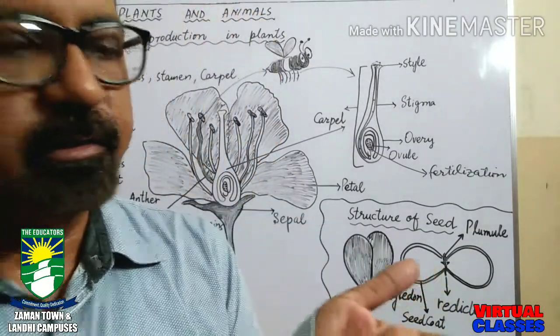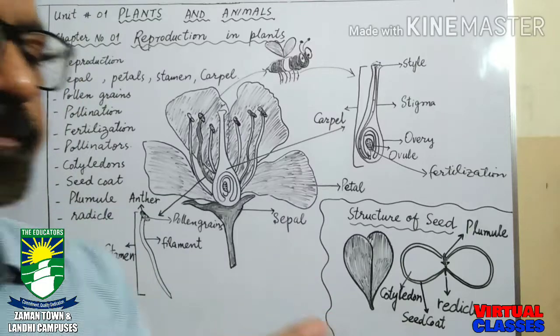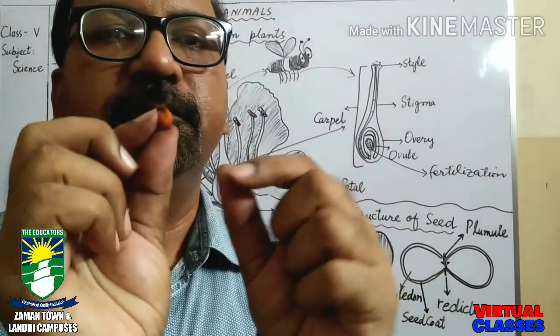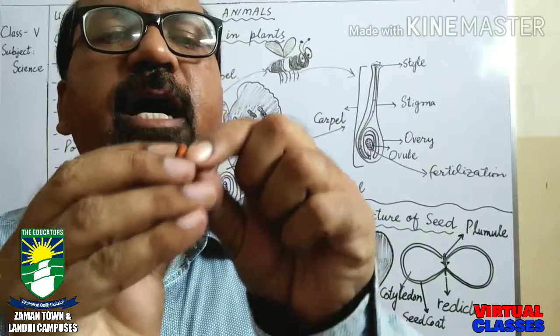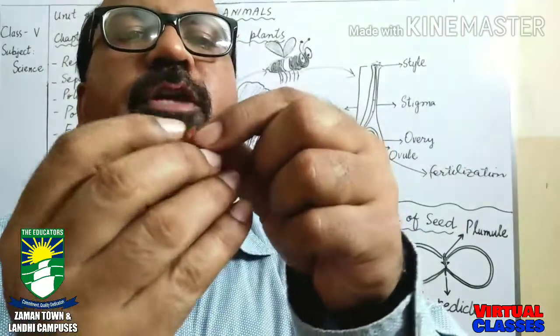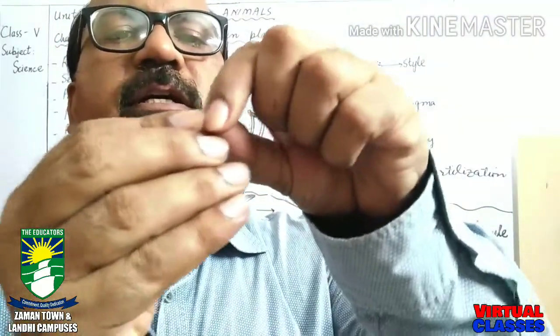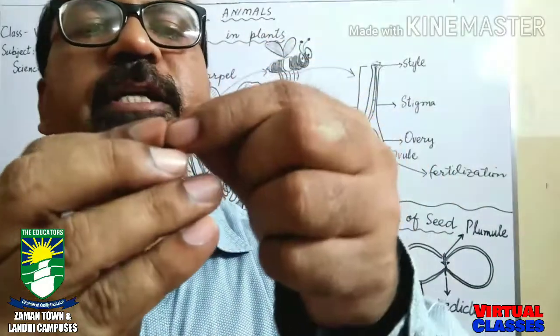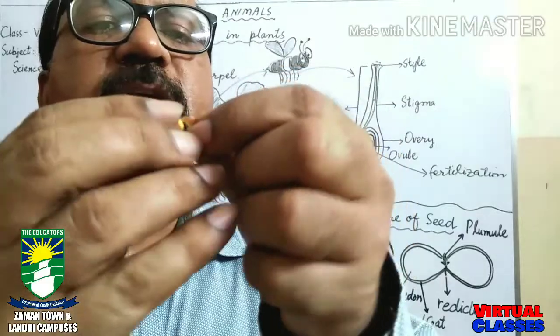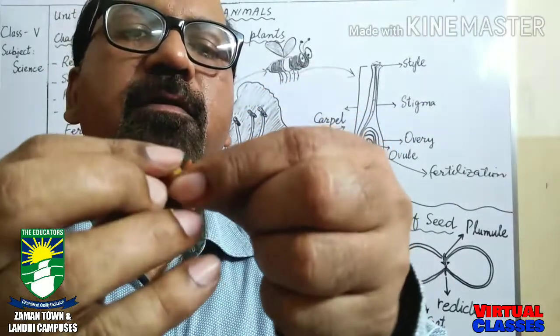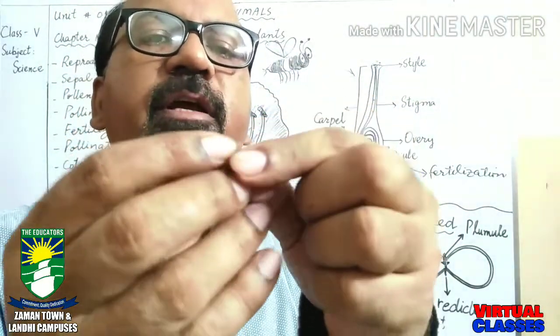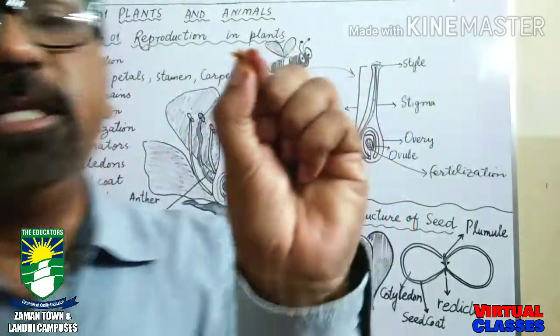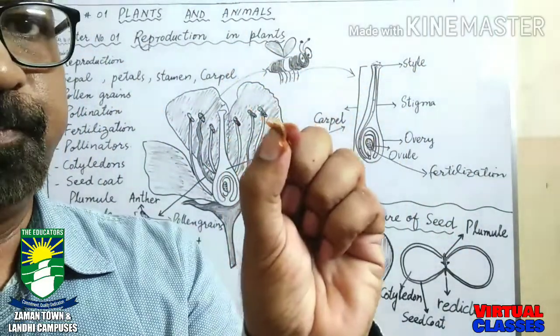These are the grams, and I'm just going to peel the seed coat. Because they are soaked, it is very easy to peel the seed coat. This layer is called the seed coat.